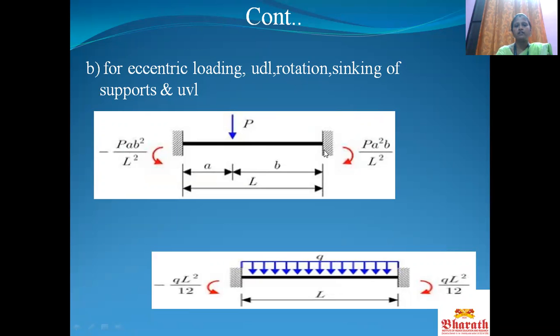If you are taking the anti-clockwise direction, the fixed end moment formula is minus P A B square by L square. Next, in case of a UDL load, the formula is minus q L square divided by 12. If you are taking clockwise, it is plus q L square divided by 12, where q is the load acting on the structure.